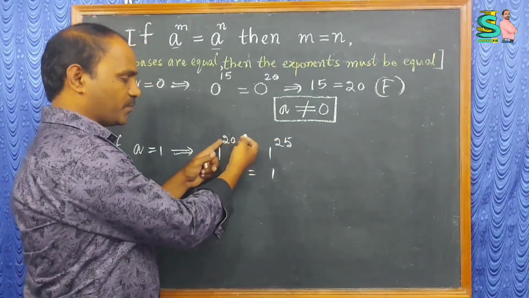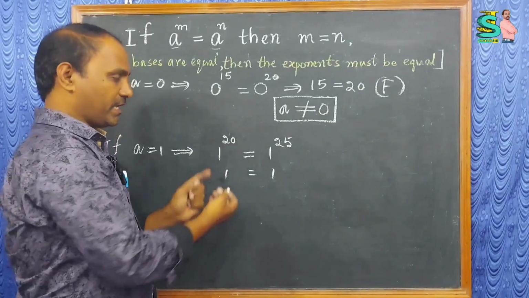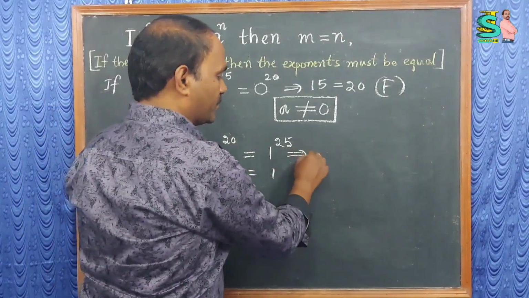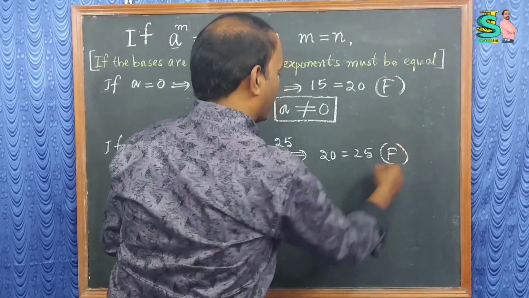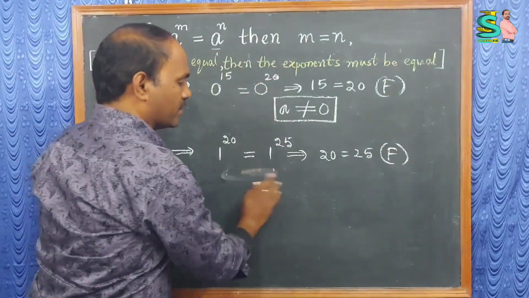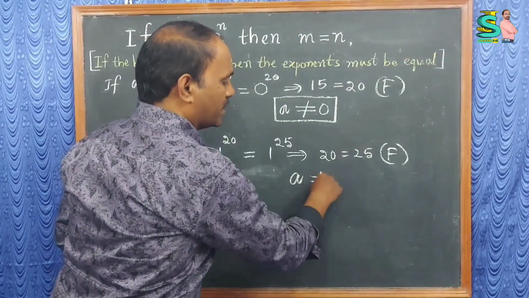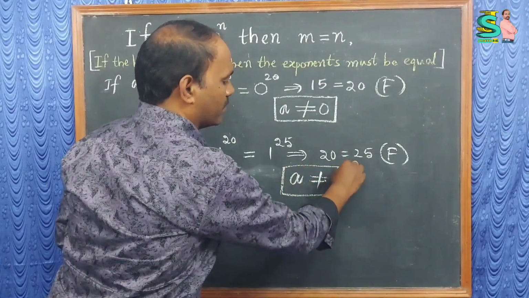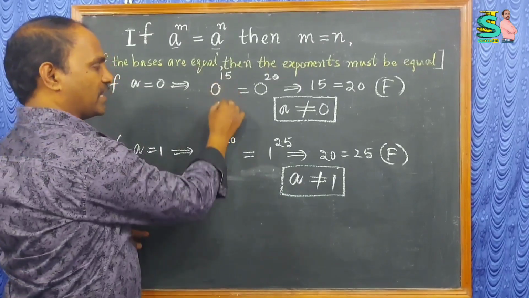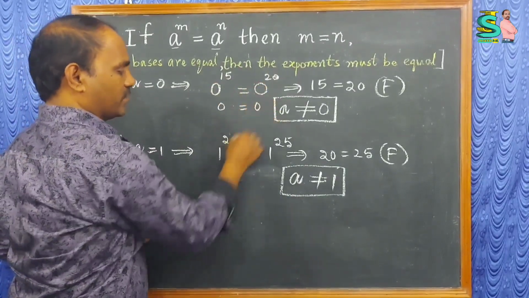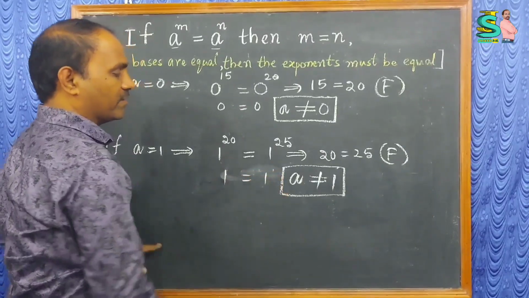We can write exponents 20, 25. Then bases are equal, so exponents should also be equal. This one is also false. What does it mean? A value does not equal 1. Here also the same. This value is 1, this value is 1.